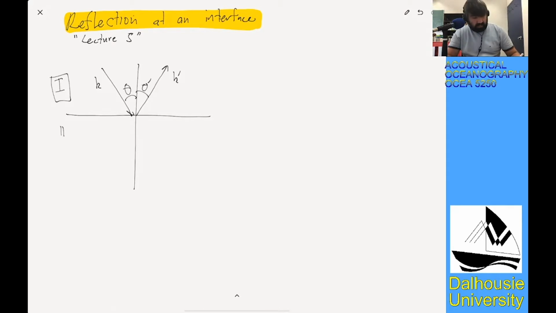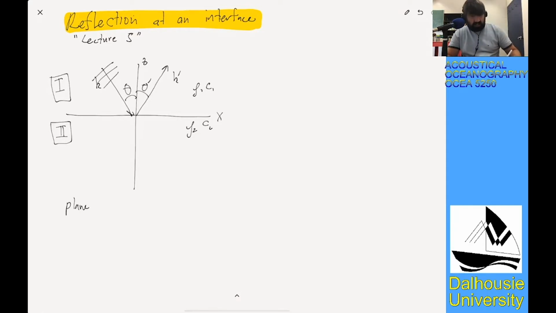Media 1, media 2, okay? In each one, we're going to have a rho 1, C1, rho 2, C2, density and sound speed, respectively. And a coordinate system, we'll say this is going to be Z here, this is going to be X, okay? And we're talking about plane waves, okay?